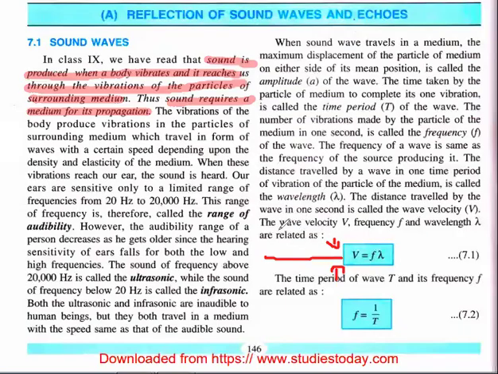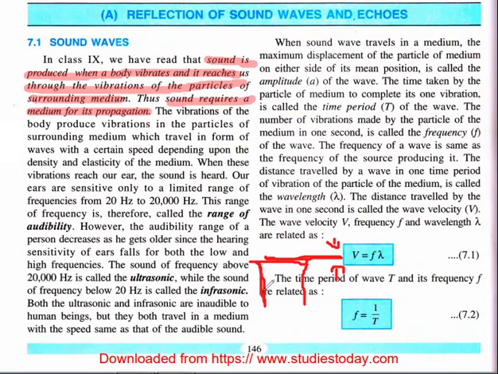So guys, basically imagine that this is a scale and it vibrates on top of a table, right? Imagine this is a table and it vibrates, and it reaches through the vibration of the particles of the surrounding medium. What is the surrounding medium?